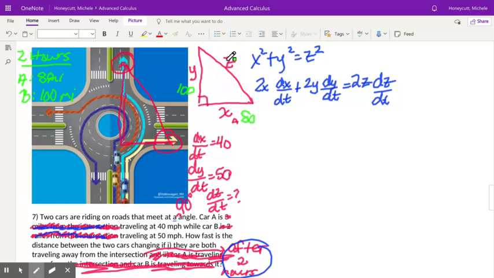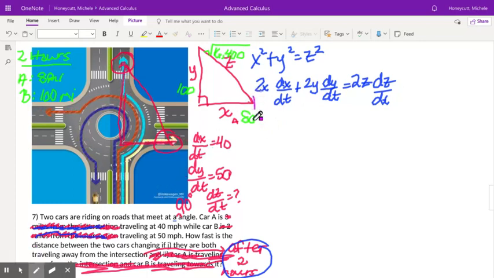And then I can use the Pythagorean theorem to find the z value. You end up getting that z is the square root of 16,400. All right, so taking all of that, the 100, the 80, the square root of 16,400, and all the values for dx/dt, dy/dt, dz/dt, we'll substitute everything in.